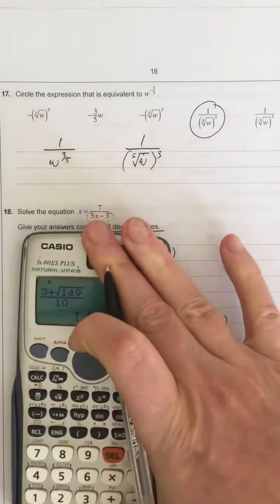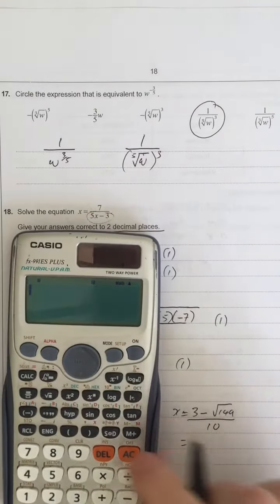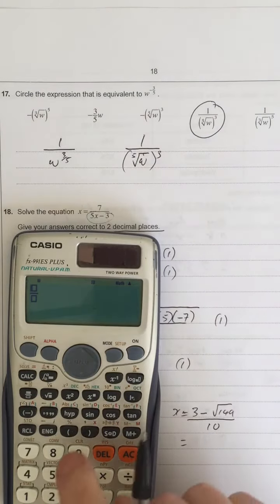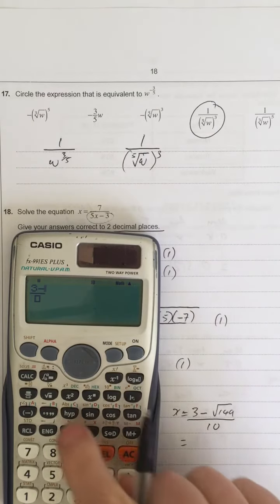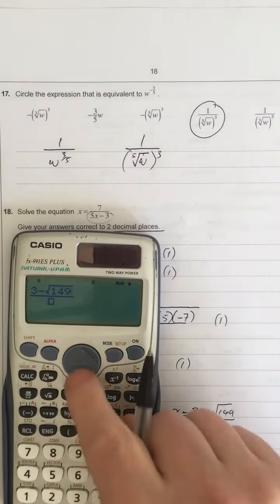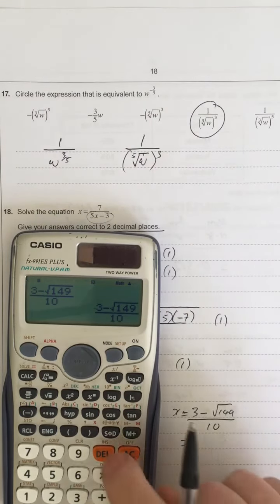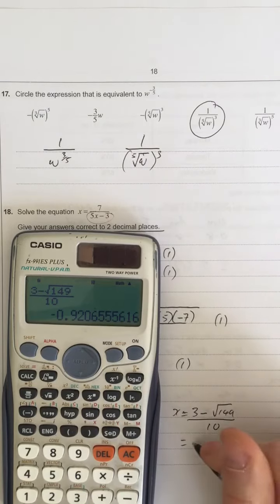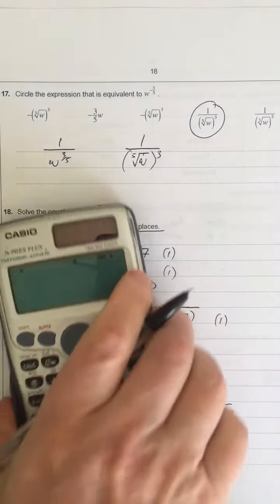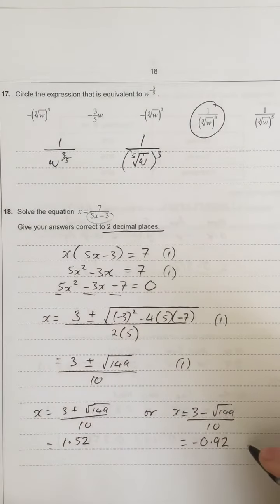And for the second one, exactly the same thing, except we're subtracting. So 3 take away square root 149 all over 10. Turn into a decimal, minus 0.92. And both of those correct gets you the fifth and final mark.